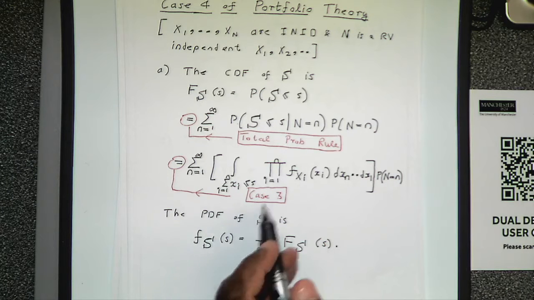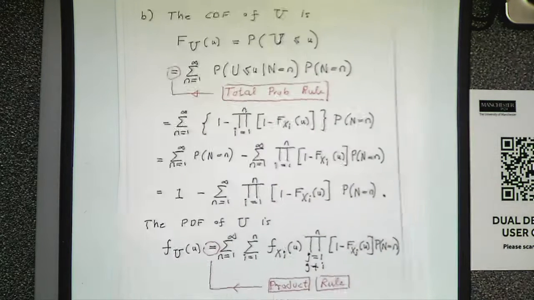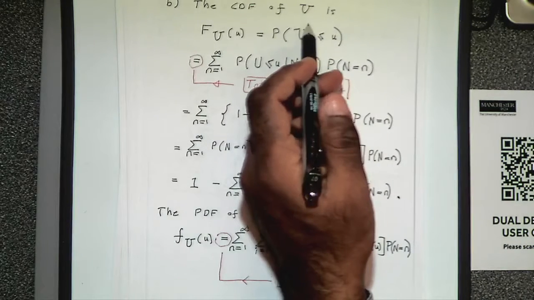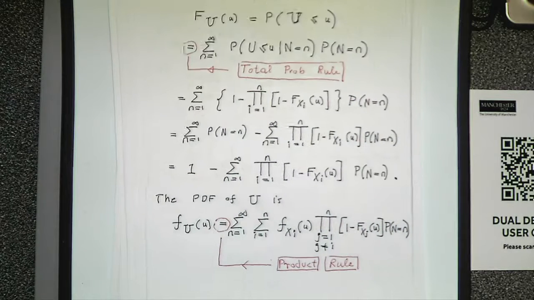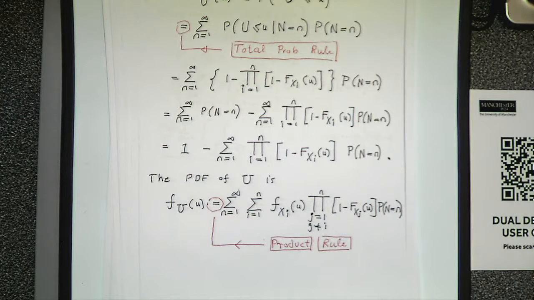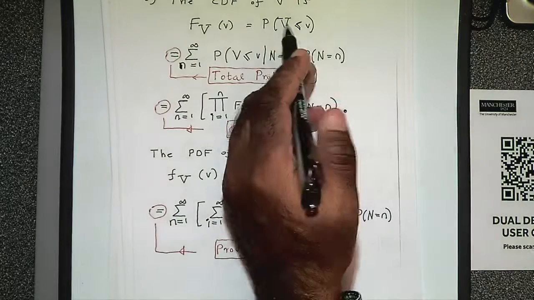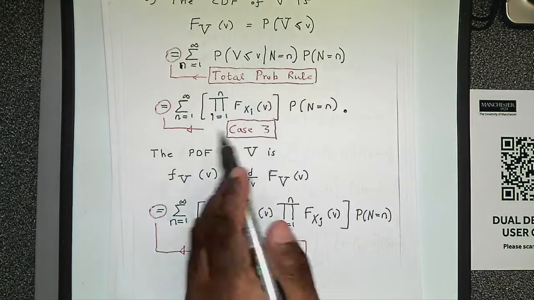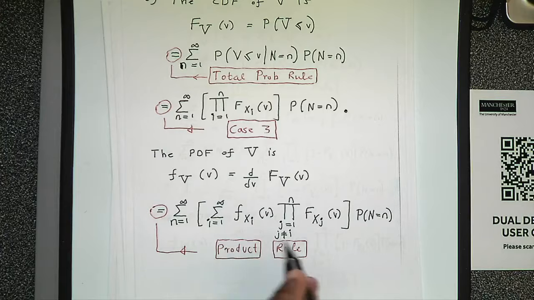And this is the PDF of S. And this is the CDF of U, the minimum portfolio loss, given by this. And this is the PDF of U. And finally, this is the CDF of V, the maximum portfolio loss, given by this formula, and this is the PDF given by this formula.